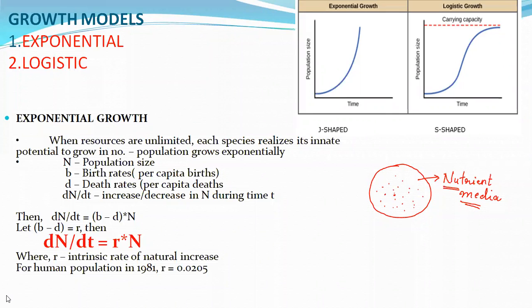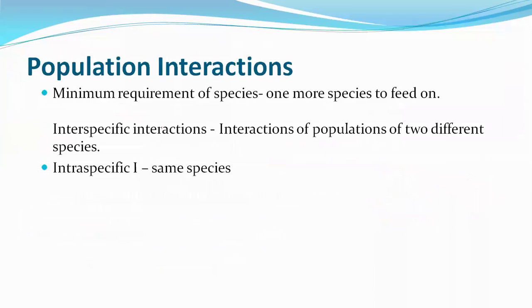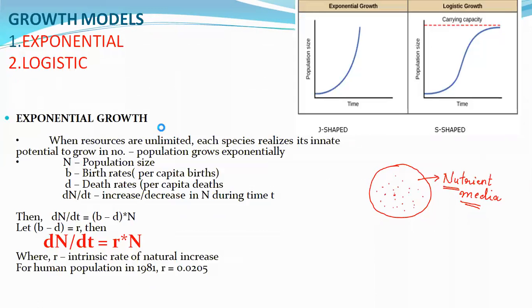So there are growth models. There are two types of growth models, exponential and logistic. The exponential growth will have a J-shaped curve, whereas logistic growth will have an S-shaped curve. We'll know more about exponential growth, logistic growth and the formulas. Do not get confused regarding this.